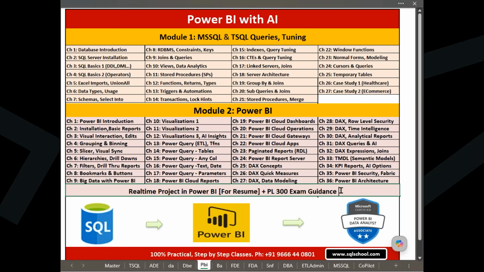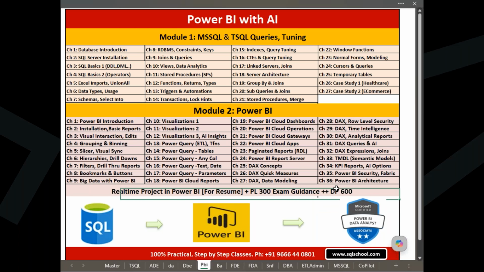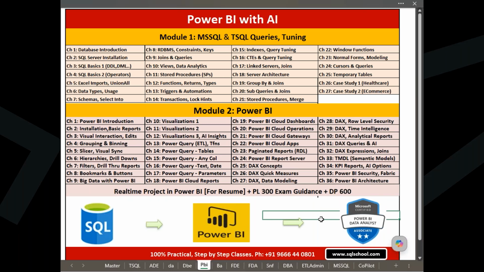This particular course also helps you for one Fabric certification, that is the DP-600 exam, Fabric Data Analyst. That exam also has its own importance. You may opt for the PL-300 or DP-600, or you may opt for both.